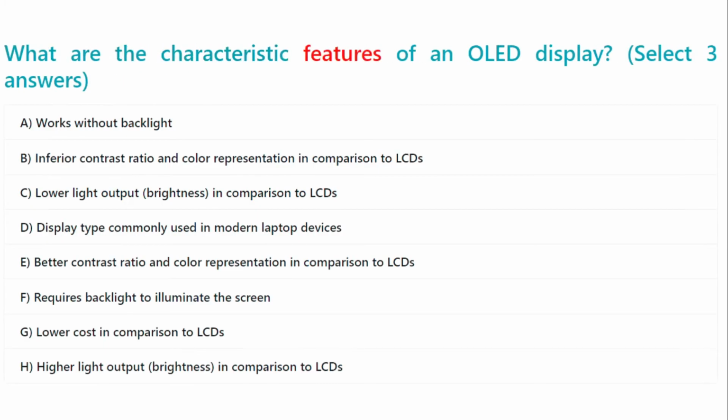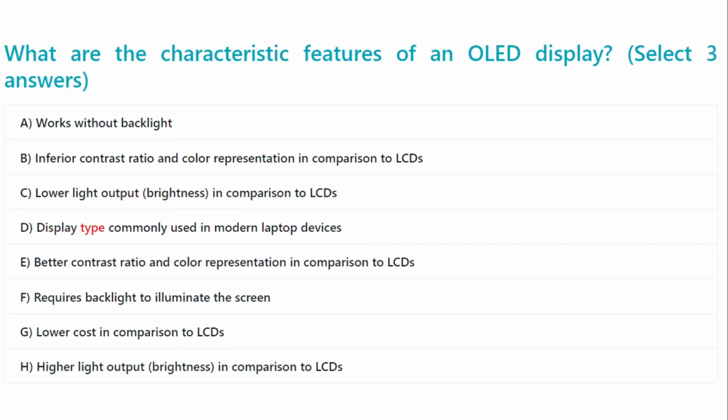What are the characteristic features of an OLED display? Select three answers. A. Works without backlight. B. Inferior contrast ratio and color representation in comparison to LCDs. C. Lower light output, brightness, in comparison to LCDs.